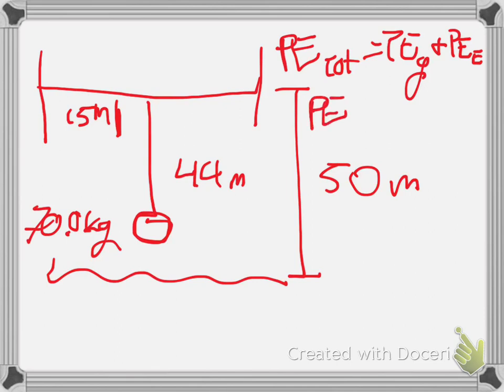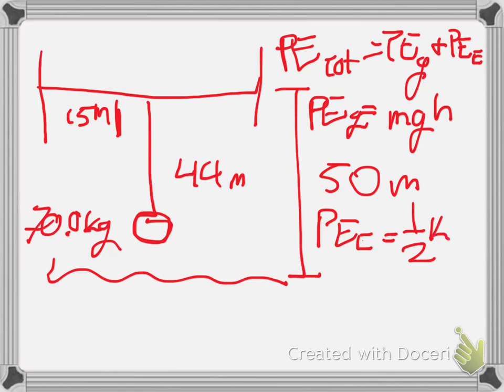The potential energy of gravity is equal to mass times gravity times height, and then potential energy elastic is equal to 1/2 kx squared. You give this a shot and then we'll run it. Height would be this distance, the distance that he is above your zero level, so 6.